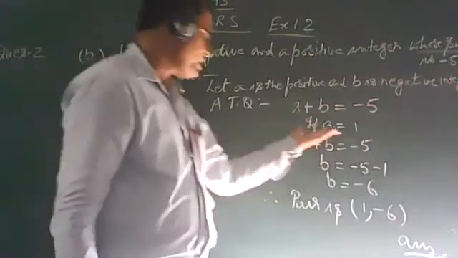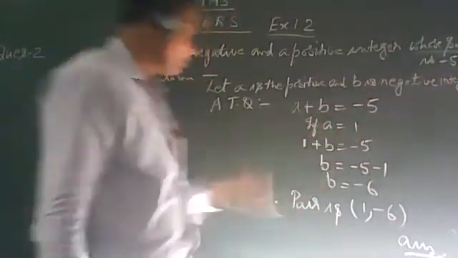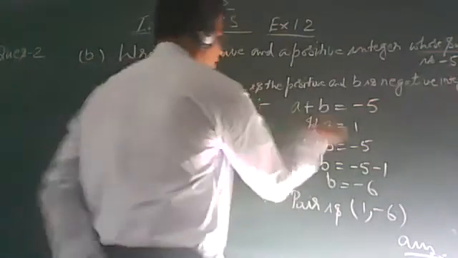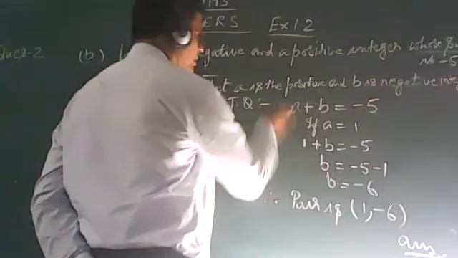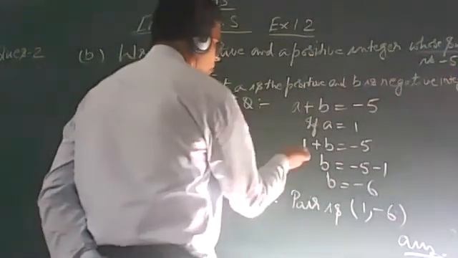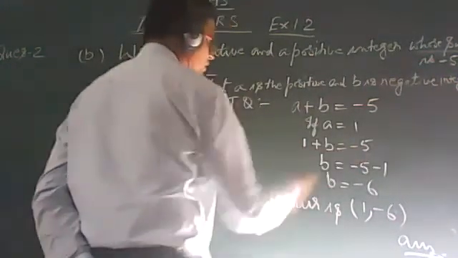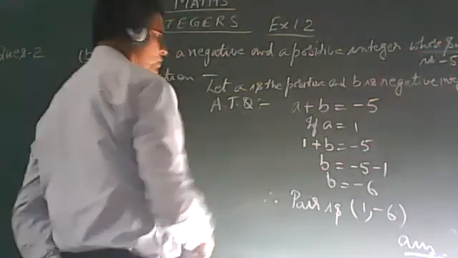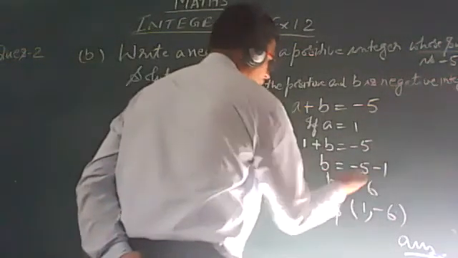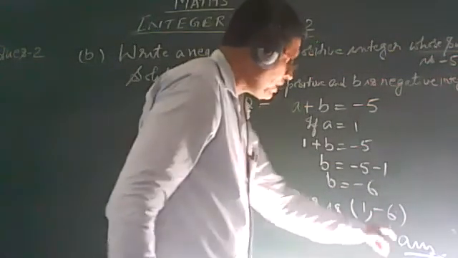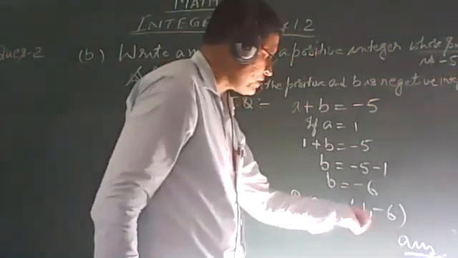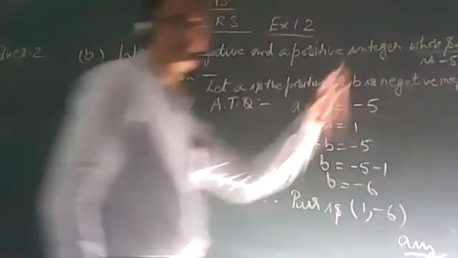We put the positive integer a equal 1, any number. Here I will show +1 and put there the value of a. 1 plus b is equal to -5, and 1 goes to the other side, the sign will be changed, and b comes -6. The pair is +1 and -6. First positive and second negative integer.